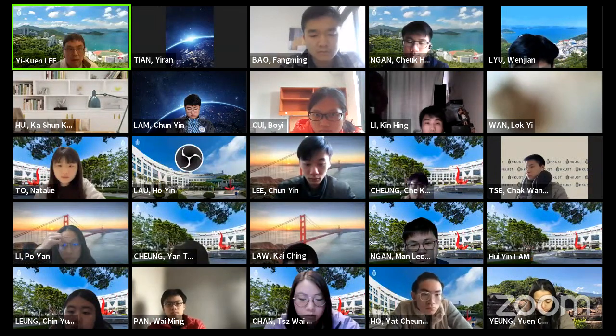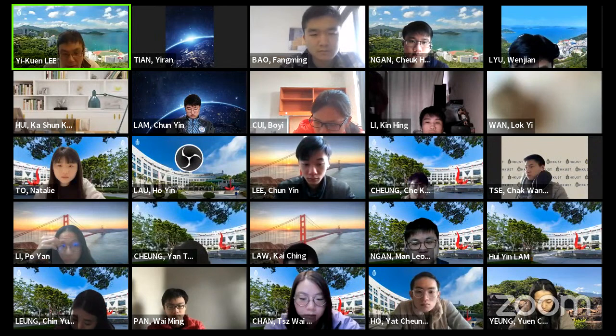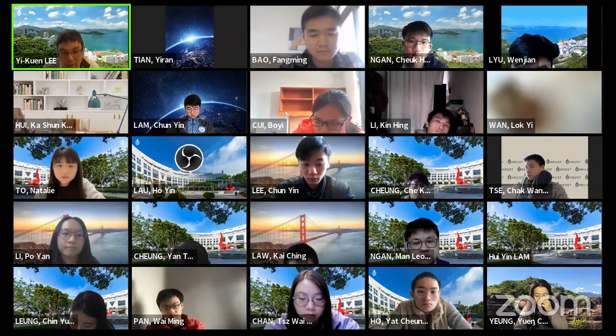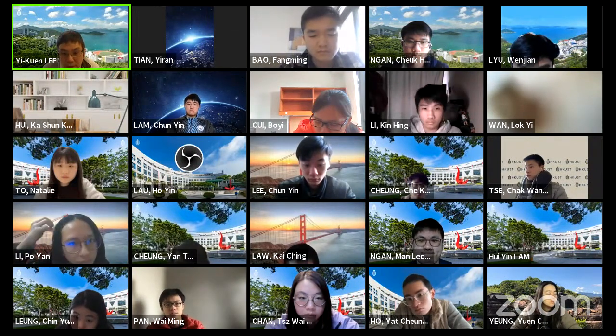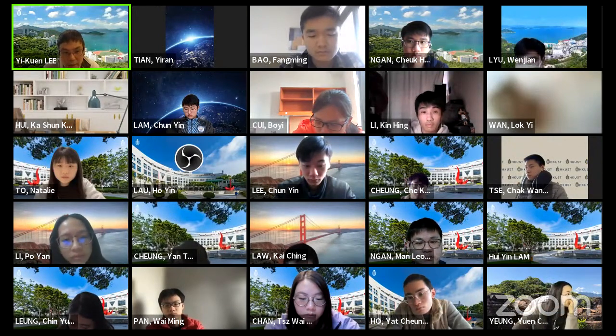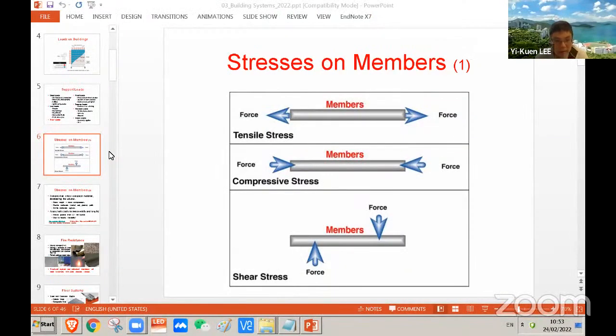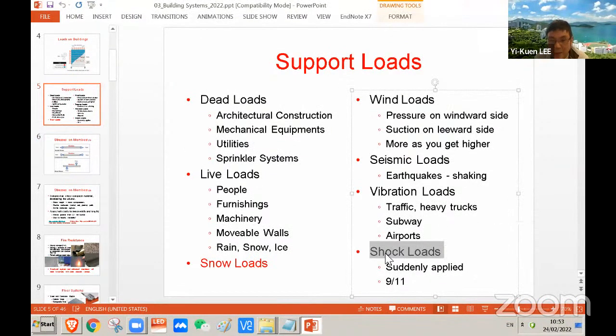Before, nobody had ever thought that building design had to consider this kind of shock load. So engineers have to learn from this kind of failure and think about how to deal with this kind of design. Do you understand? That's why the building code added this additional shock load.